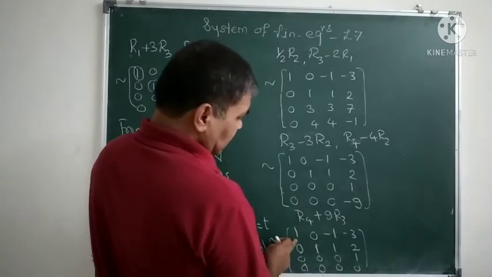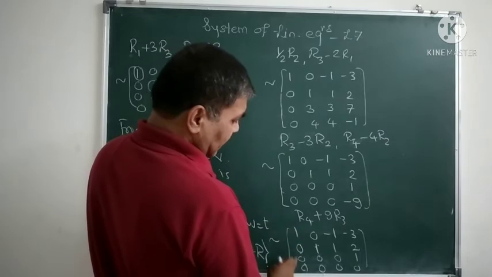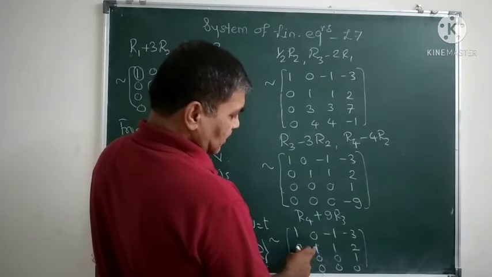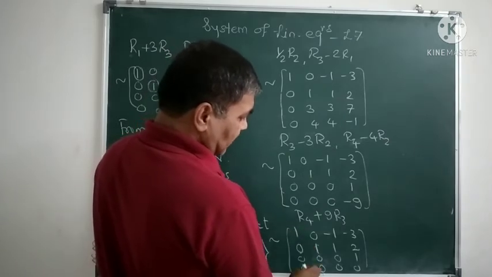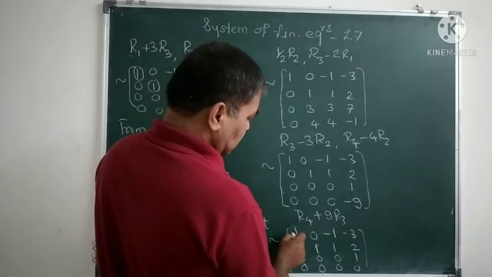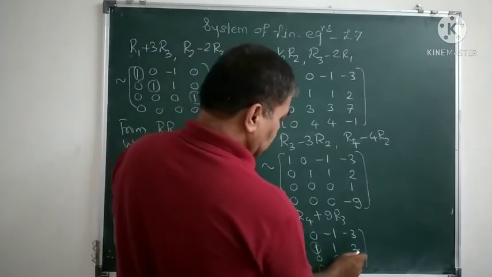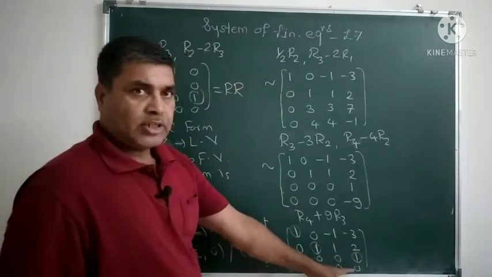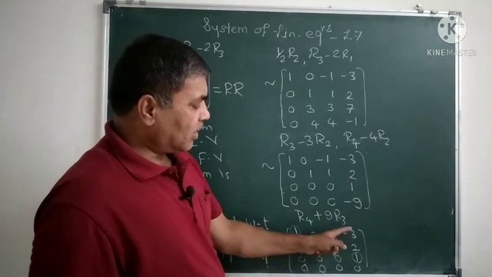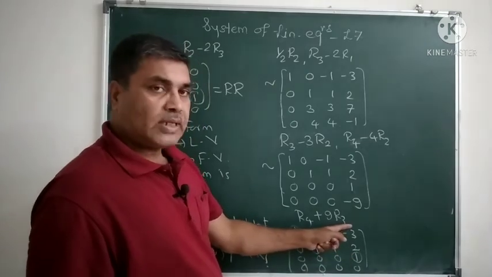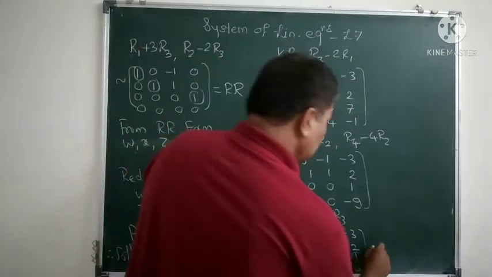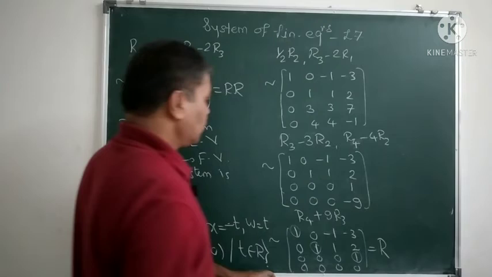Now, in this column containing a leading 1, all the remaining entries are zeros. So this is a leading 1, this is a leading 1, this is your leading 1. By using these leading 1s, we will make the entries above 0 to get the row reduced echelon form. This is just your row echelon form.